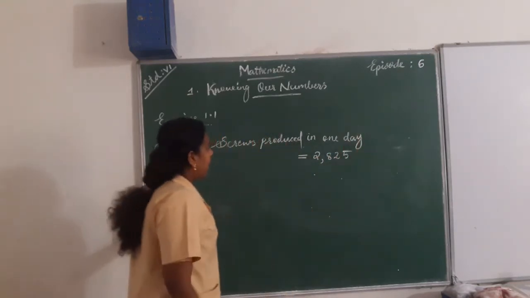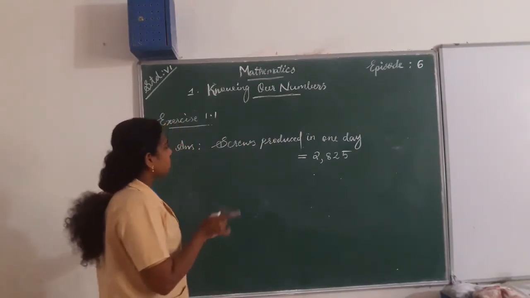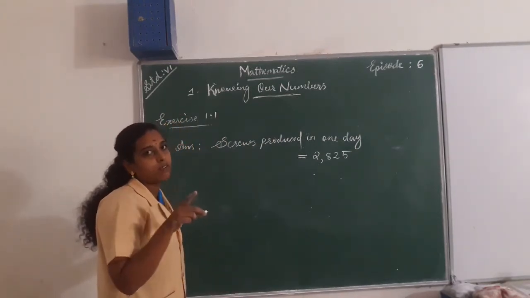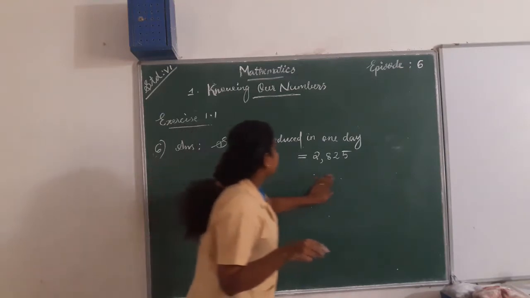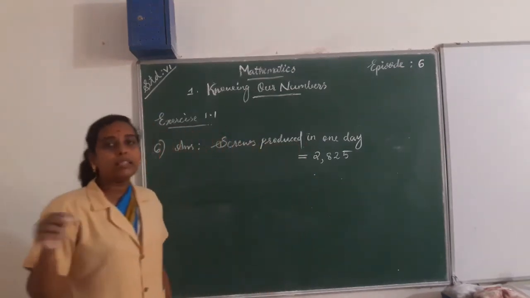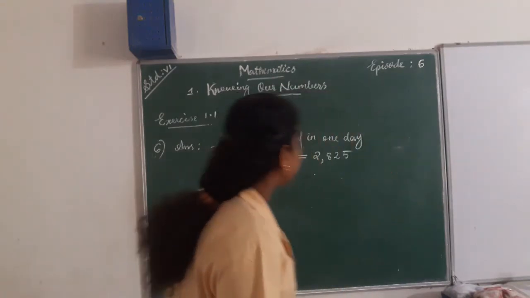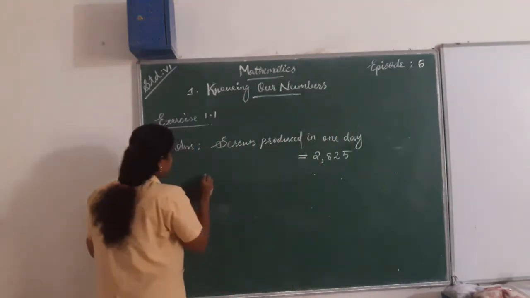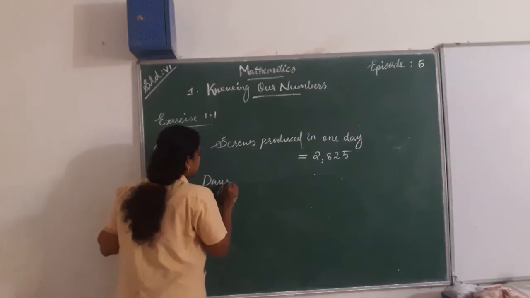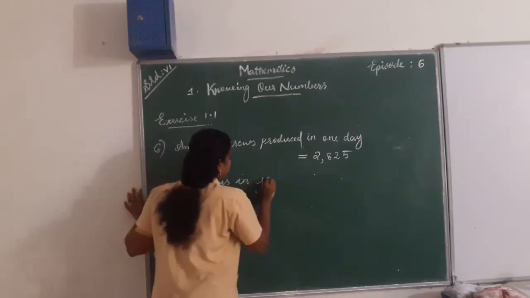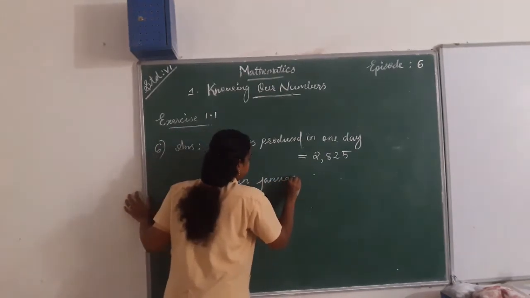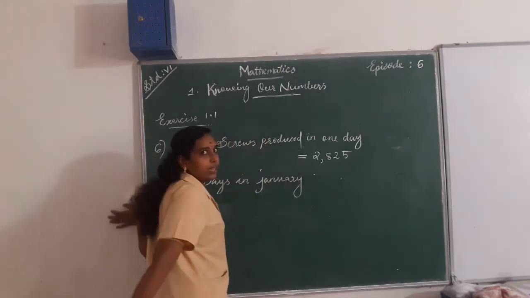And we want to find the number of screws produced in the month of January. So we want to write the total number of days in January. Our next step is days in January. How many days in January?